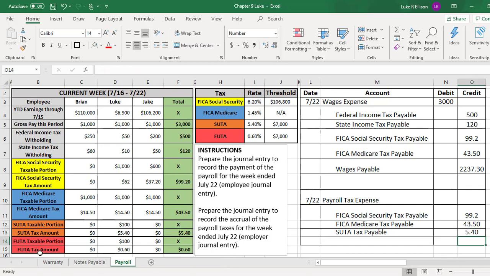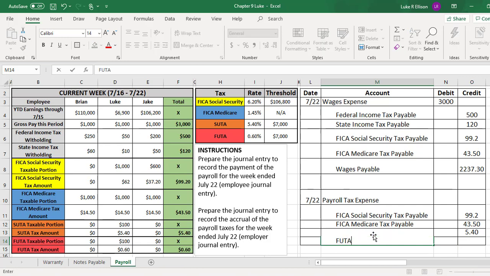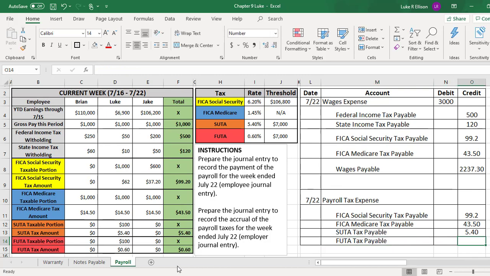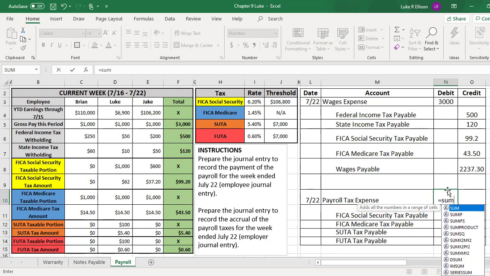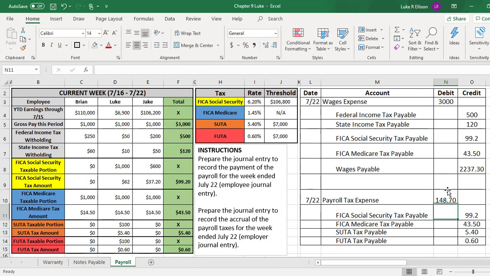And then we also have the federal unemployment taxes, so that's FUTA tax payable. And that's going to be for 60 cents. Now to find our payroll tax expense, that's just going to be the total of all of these payables. So that's going to be adding all of those up, which gives us $148.70 of payroll tax expense.